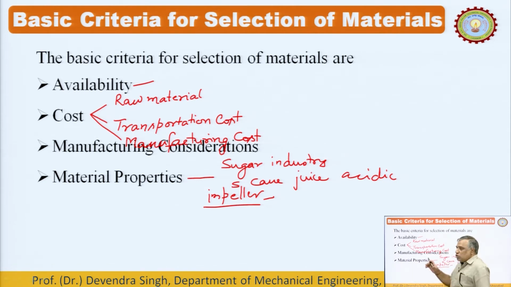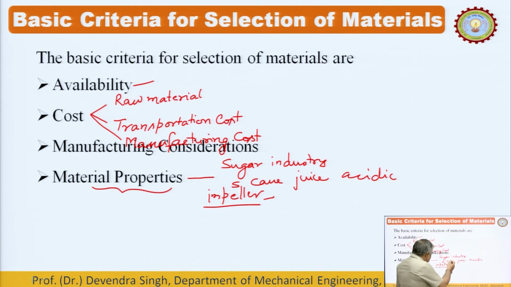So if we use an impeller which is made of ferrous material, it will have the same effect, and without any reason, after a certain period the impeller's dimensions will go away or vanish. So for that purpose, what material properties would you have to consider? The material should have corrosion resistance properties.